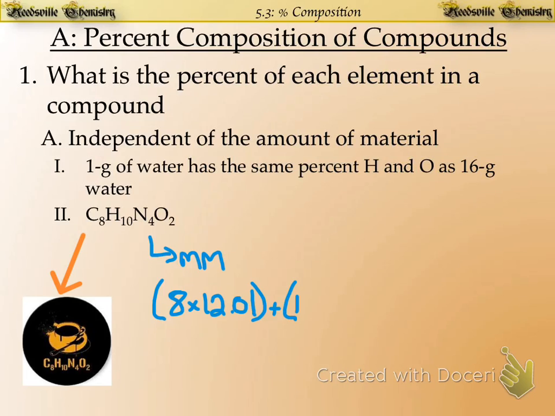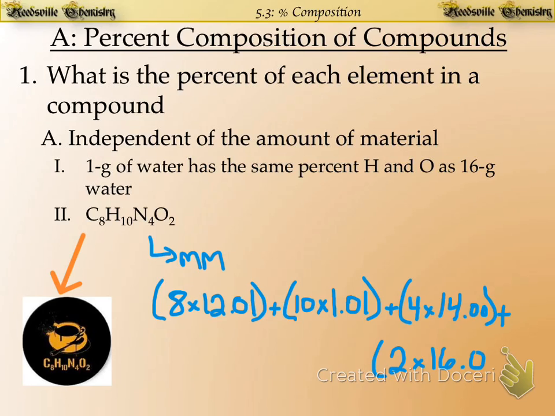I have 10 hydrogen atoms. Each has a molar mass of 1.01. I have 4 nitrogen atoms, each with a molar mass of 14.00. And finally, and I'm going to have to go on another line here, I've got 2 oxygen atoms, each with a molar mass of 16.00.